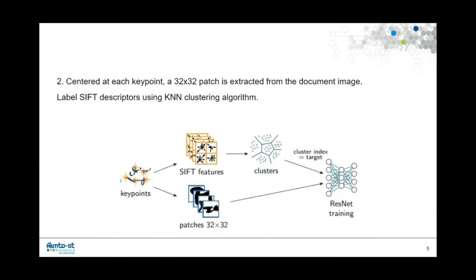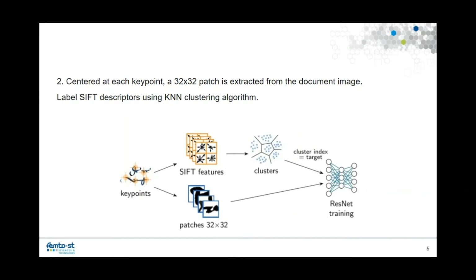Then here we used the technique of Vincent that he used in the ICDAR 2019 competition. We extracted a 32 by 32 patch in the center of each key point of each document.